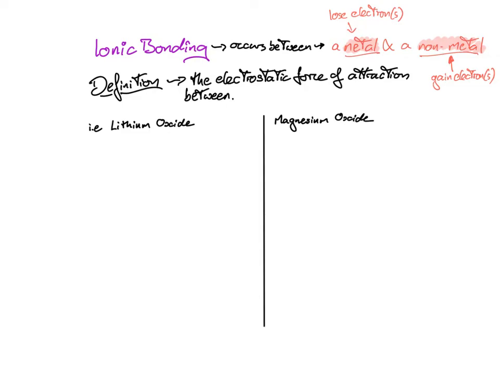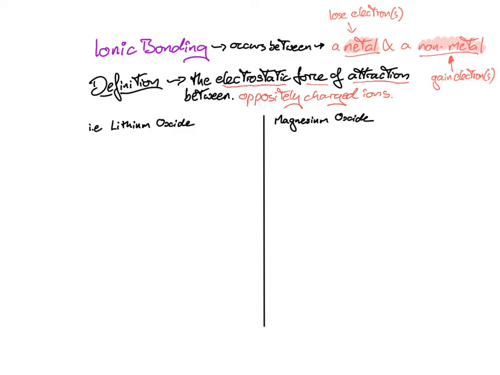So we have oppositely charged ions. So therefore, the electrostatic force of attraction between oppositely charged ions. And I've explained how those are formed, but we'll see in a sec below.